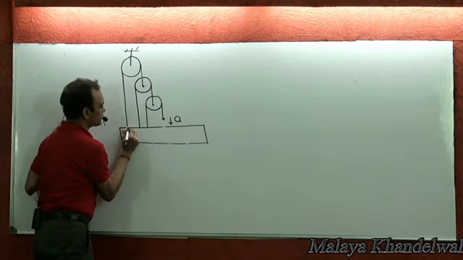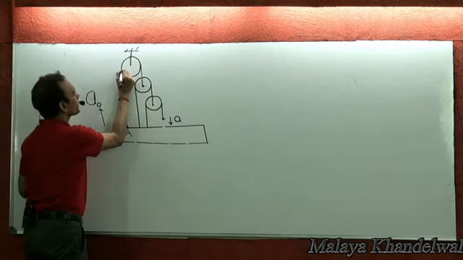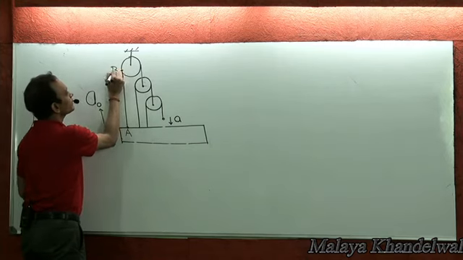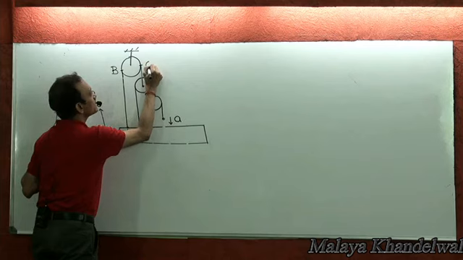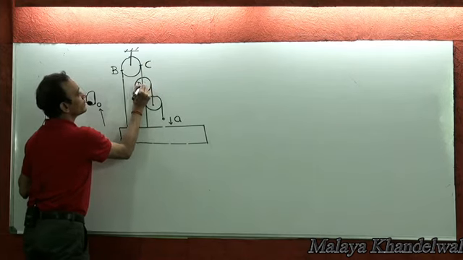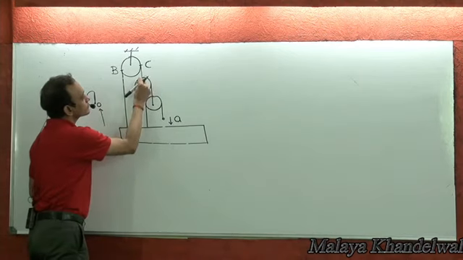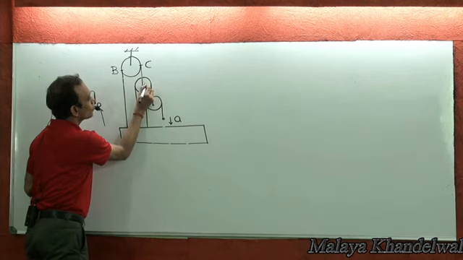Let me label the points. Say this is A, this is B, this is C, and this is D. Let me call the center O.